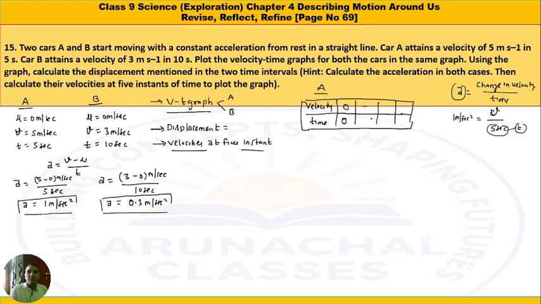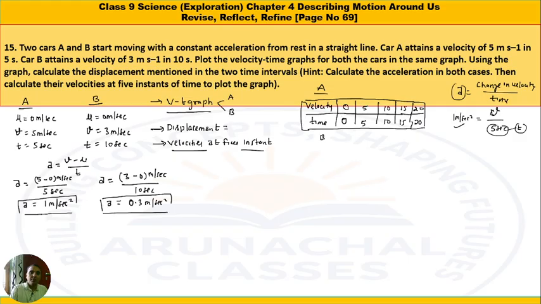If the time is 5 seconds, the velocity is 5. If I take 10 here, it will be 10. If I take 15 here, it will be 15. And if I take time 20 seconds, it will be 20. So the acceleration is maintained as 1 meter per second square. So this is the table I have made.